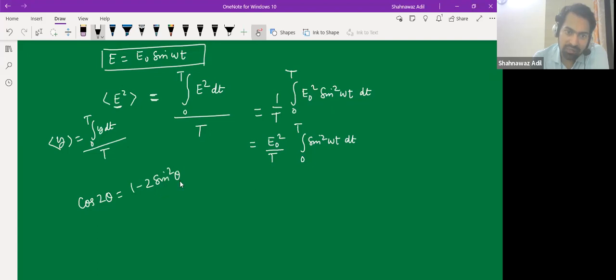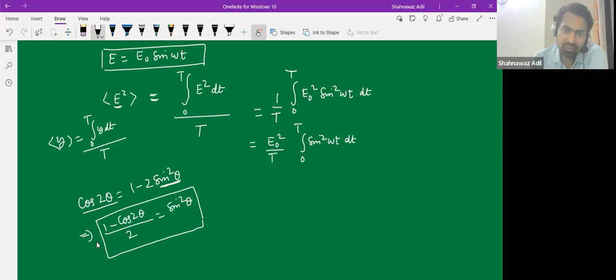So I can find sine square theta in linear form: 1 minus cos 2 theta, divided by 2, equals sine square theta. Saad, am I correct? Is this correct?